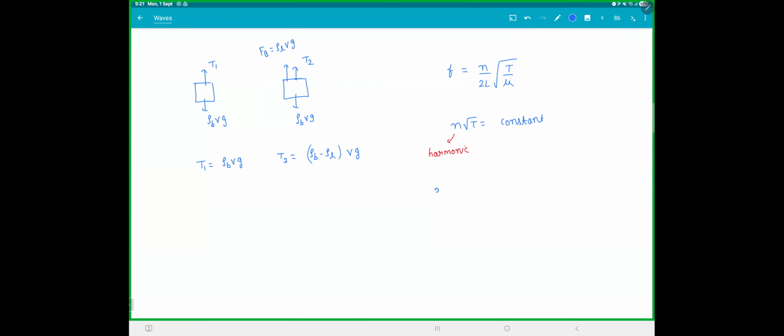So second overtone is 3 root of rho b Vg. Third overtone is 4 root of (rho b minus rho L) Vg. So solve this, you will end up with 9 rho b = 16 (rho b minus rho L). You will get rho b by rho L equal to 16 by 7.